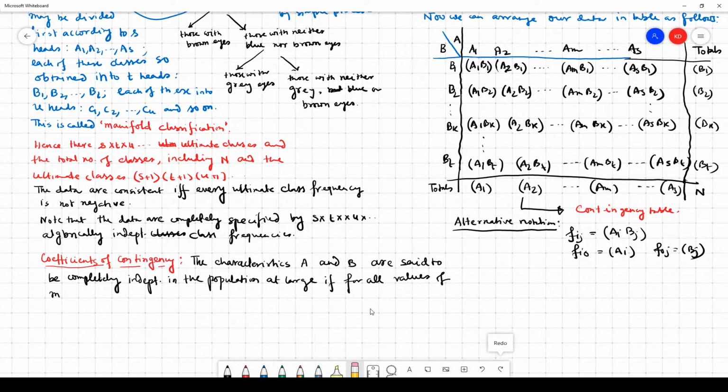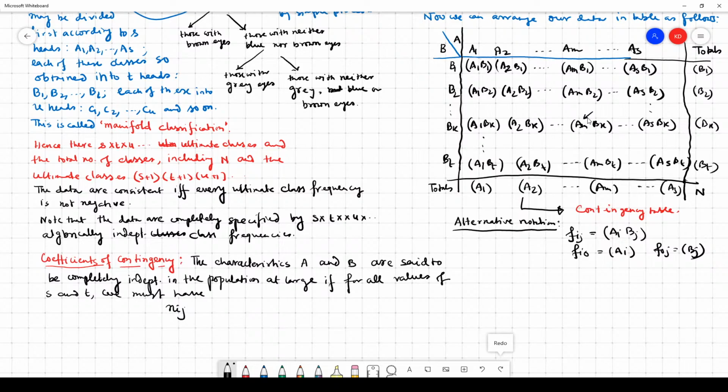I think I use S for the level of A and P for the level of B. So I write, for large values of S and P, we must have Nij.